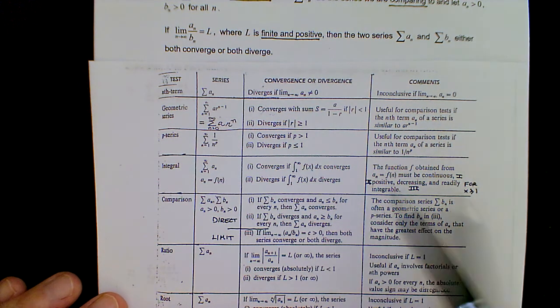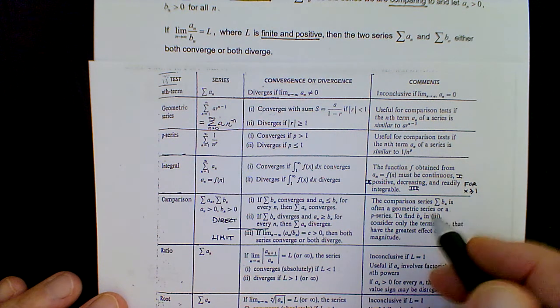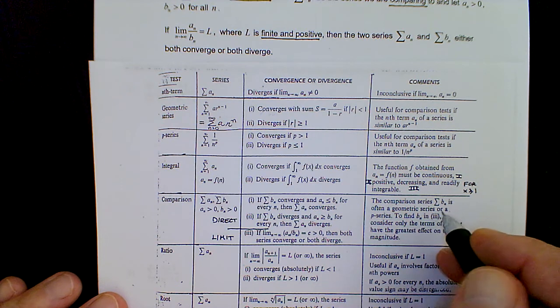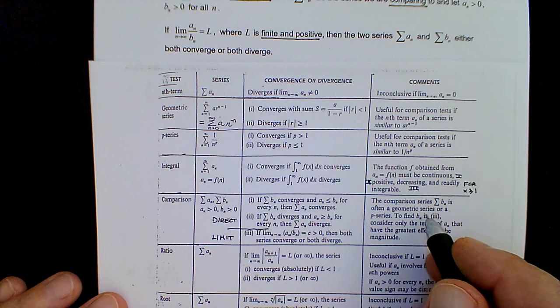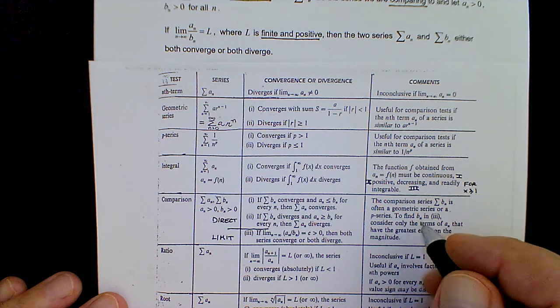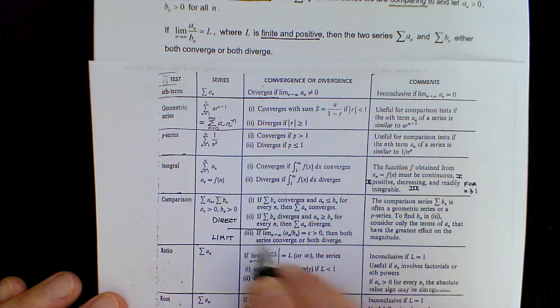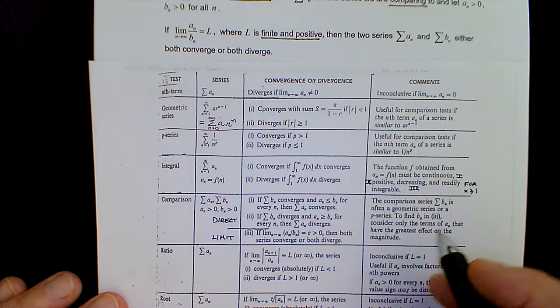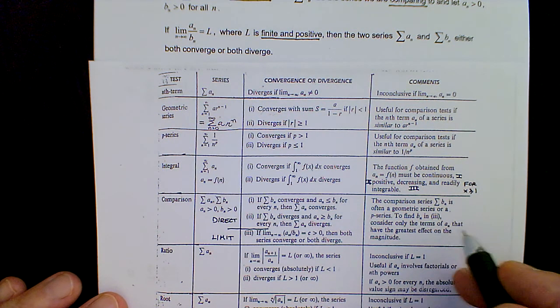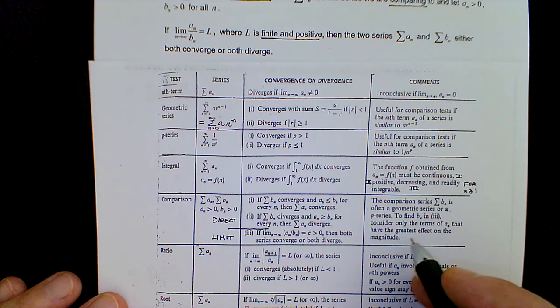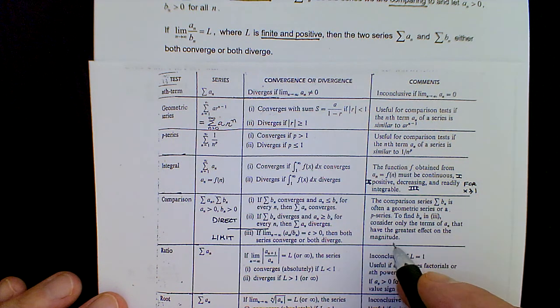But here's an important thing. They do mention, as we've talked about, the comparison series is often geometric or p-series. But this sentence talks about how to find b sub n in the limit comparison test, and that is only to consider the terms of a sub n that have the greatest effect on the magnitude.